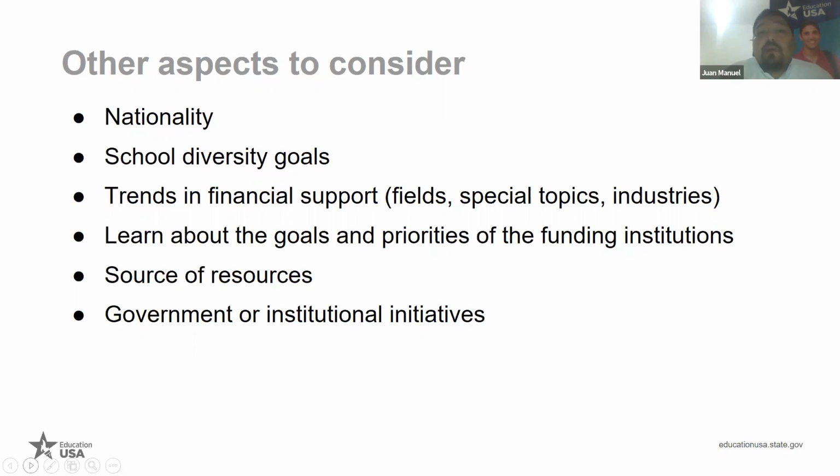For example, if I wanted to apply to the Fulbright scholarship, I know that they are all about mutual understanding, right? People from different cultures, specifically the United States and the local country, understanding each other. So if I understand that that is their mission, that they have goals on that, I can highlight how I am going to fulfill that mission so I can become a better applicant for that specific scholarship.